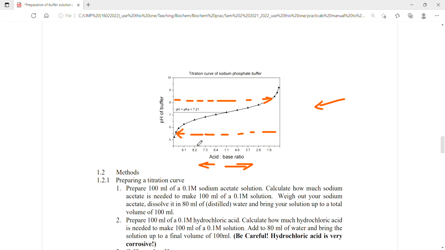You have to make a guesswork because it's a sigmoidal graph. So this will be considered the pH range for this sodium phosphate buffer. I hope you understand.